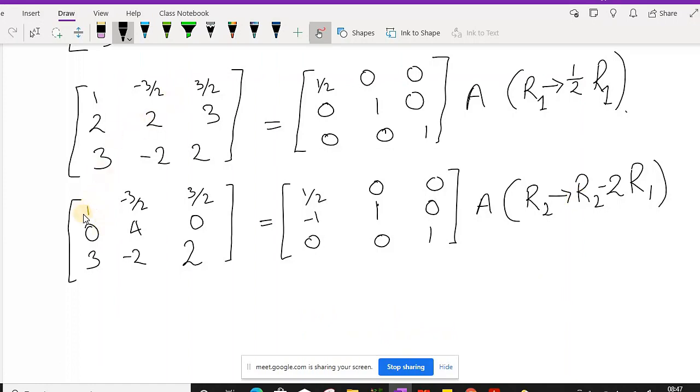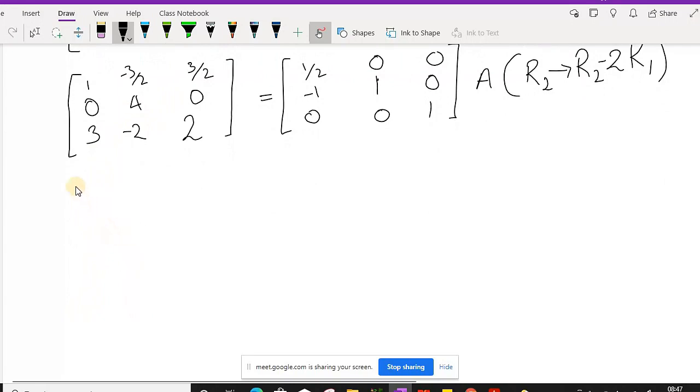Okay, now what do we have to do next? Using this, we have to make this 0. To make it 0, we have to keep row 1 and row 2 as it is.